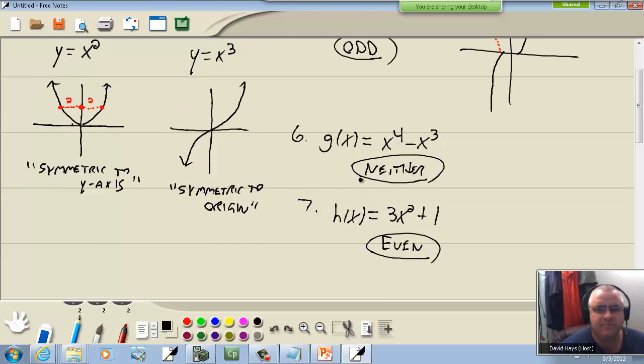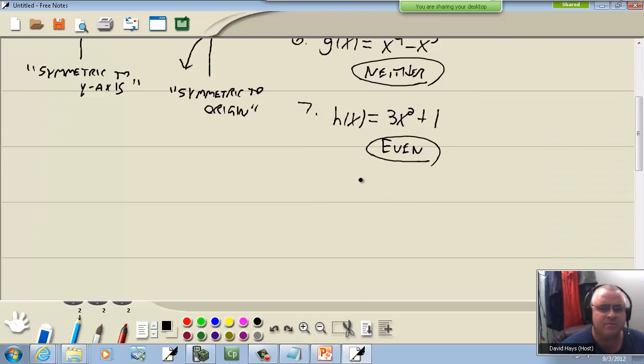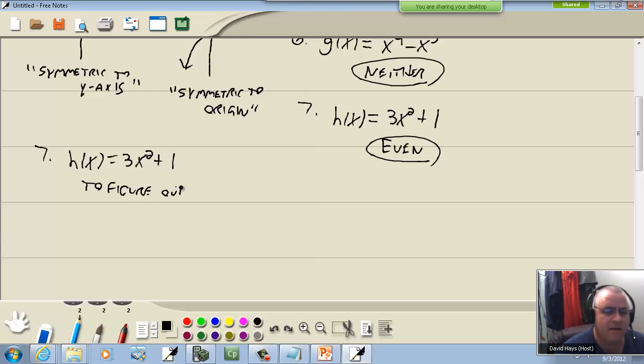Okay, now let's revisit. Actually, I'll do number 7 first. I got h of x is equal to 3x squared plus 1. Okay, to figure out if it's even. Now, we really want these not to have function notation.